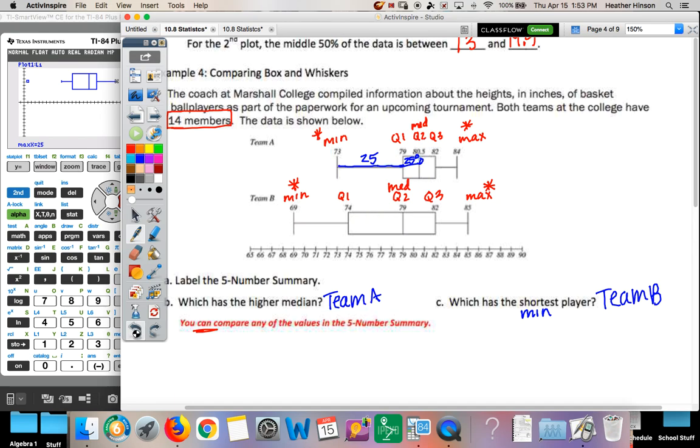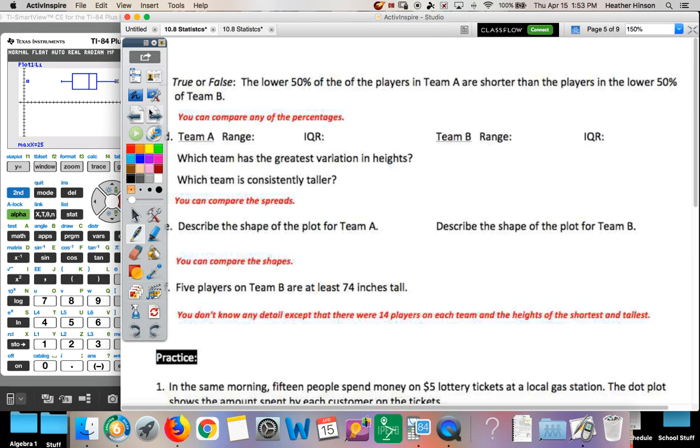So this is false. Team A is not shorter. Team B was shorter. So you can compare their percentages.